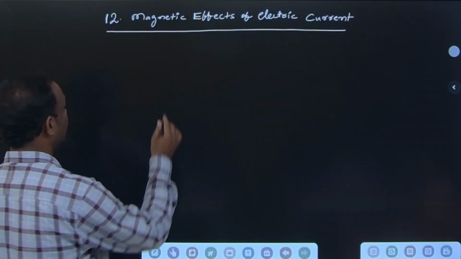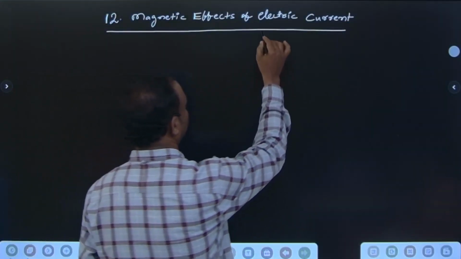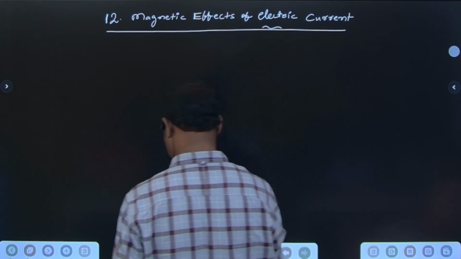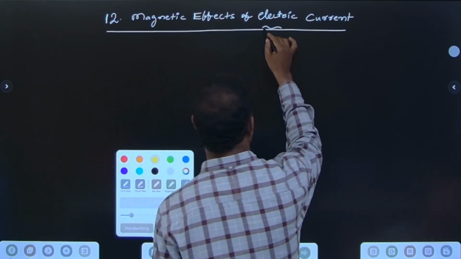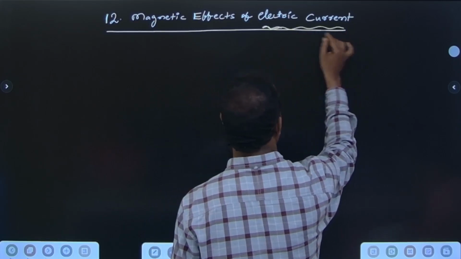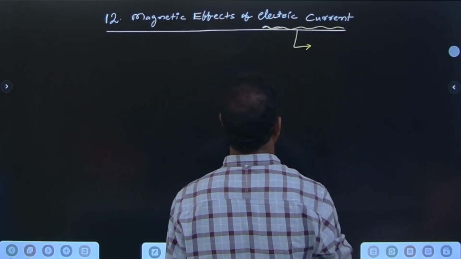For the magnetic effect of electric current, we just discussed electric current.